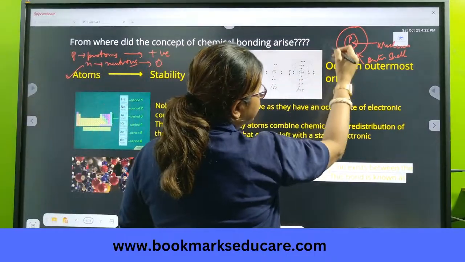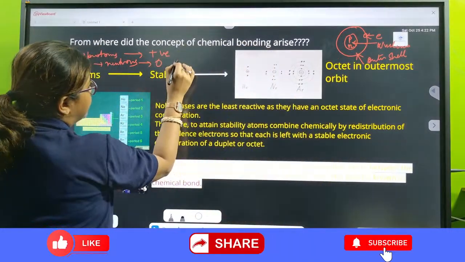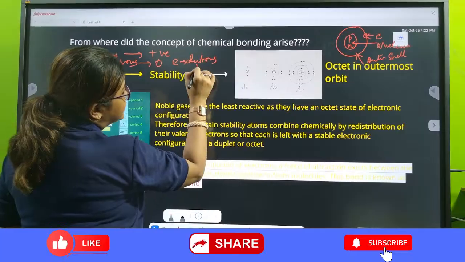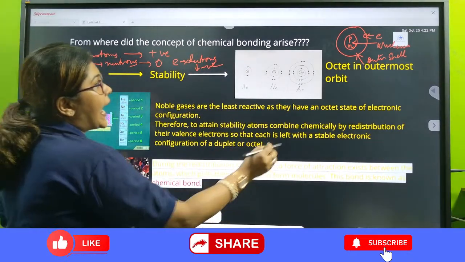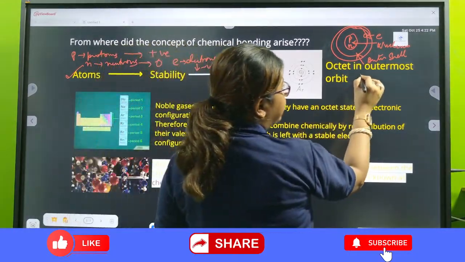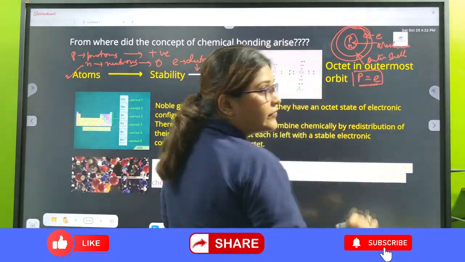And in the outermost shell, you have E, which is nothing but electrons. These electrons have negative charge. So, the atom as a whole is electrically neutral because the number of protons is always equal to the number of electrons.